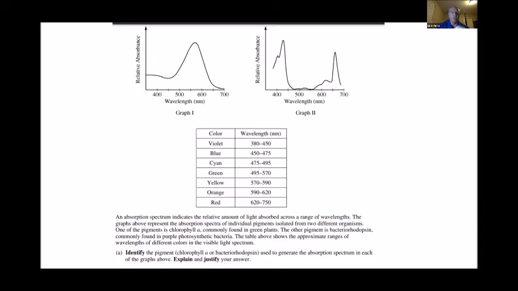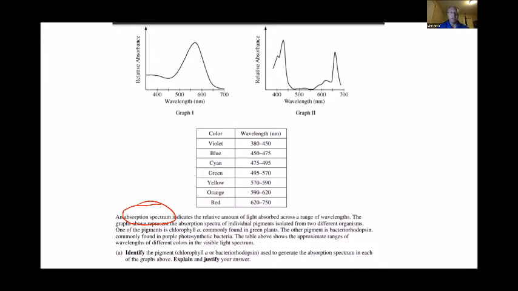So this is really, we're talking about what are called absorption spectra. And this essentially shows us how much light is absorbed by certain pigments. And we're breaking it down by the color or the wavelength of light. So it's telling us that one of the pigments is chlorophyll A, the main kind of chlorophyll in green plants.